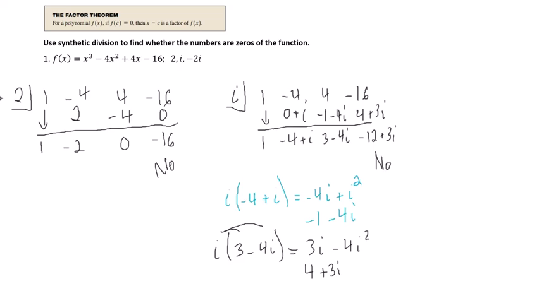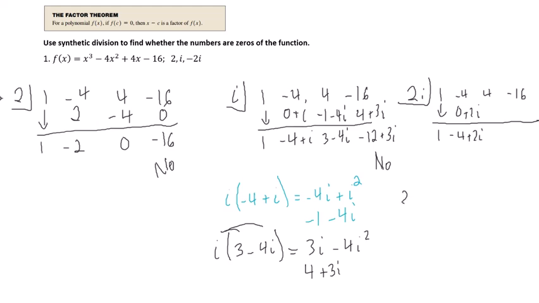All right, let's do the next one, 2i. 1, negative 4, 4, and negative 16. Drop the first term, you get 1. Multiply that out, you get 2i. So 0 plus 2i. And so that gives me negative 4 plus 2i.